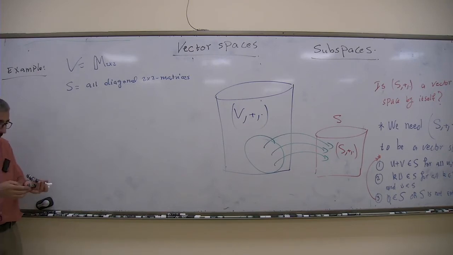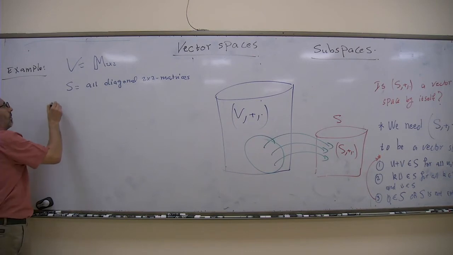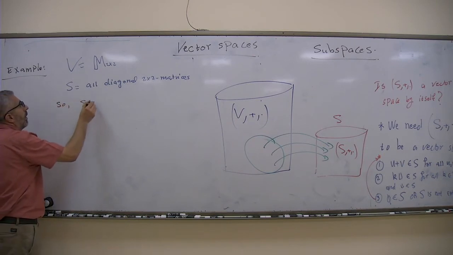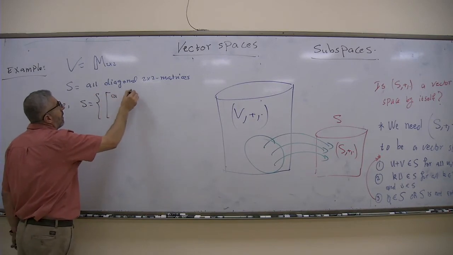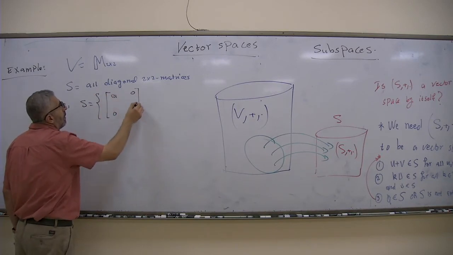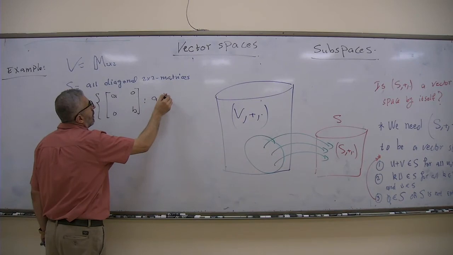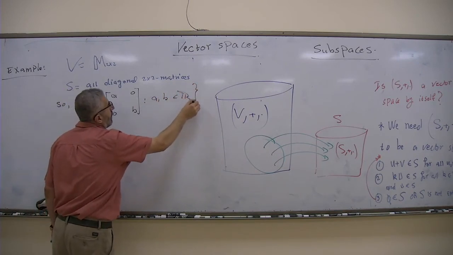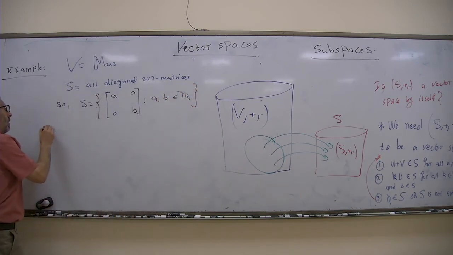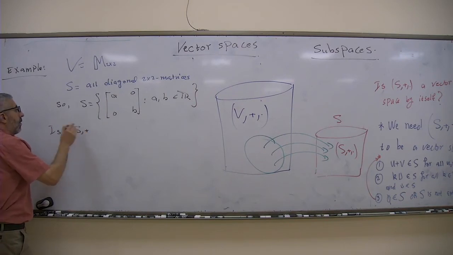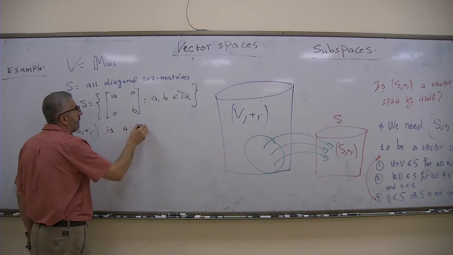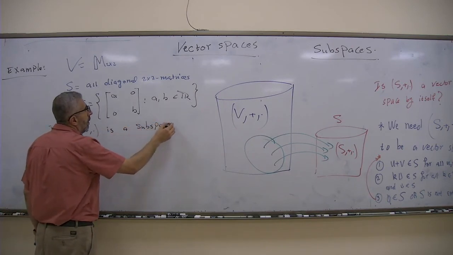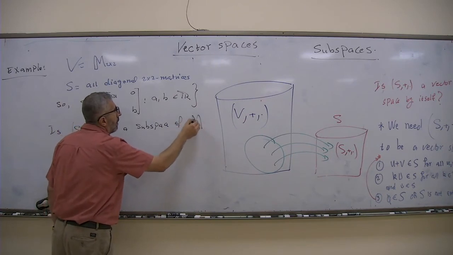So here, S is going to be this set of matrices. Is S together with matrix addition and scalar multiplication here a subspace of M 2 by 2?